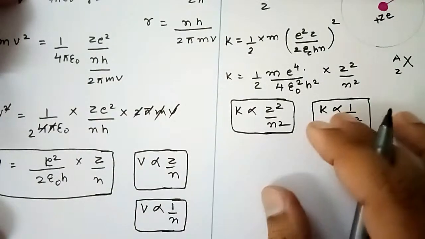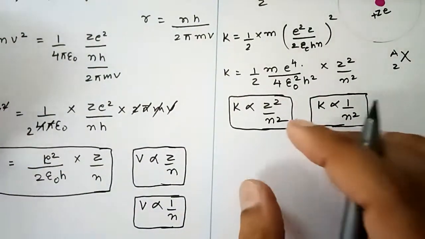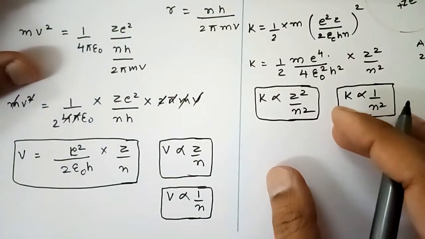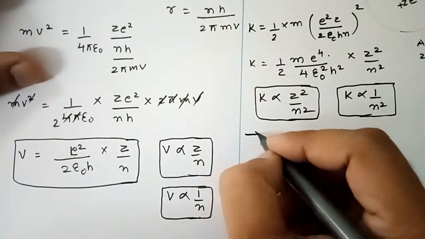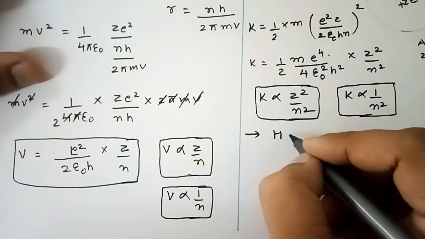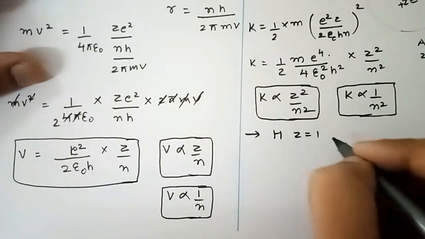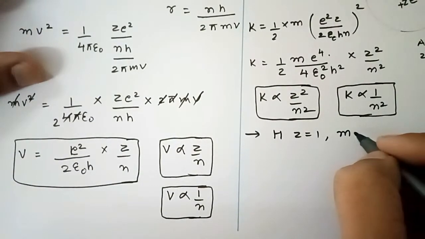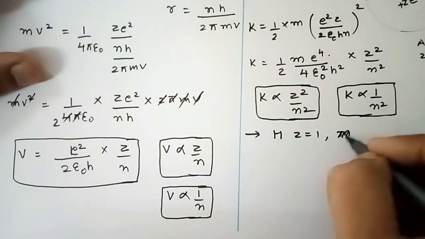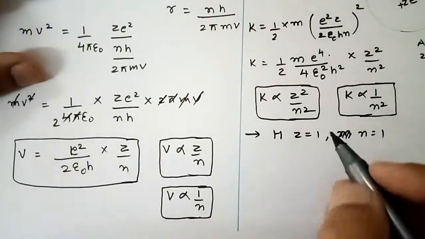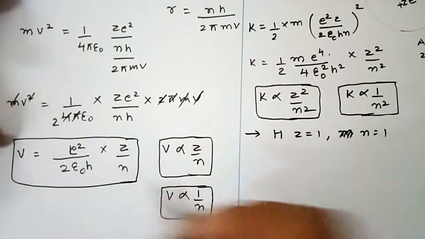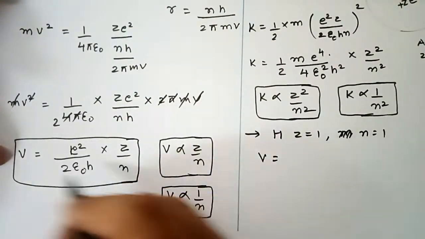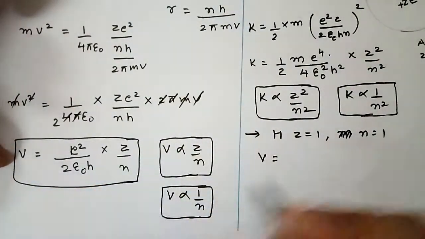Okay guys, this is it, and let's try to find out the velocity for hydrogen. For hydrogen, Z is equal to 1, and I'm talking about the first orbit, so let's put n as 1. I'm going to use this equation, the velocity of an electron in the first orbit.